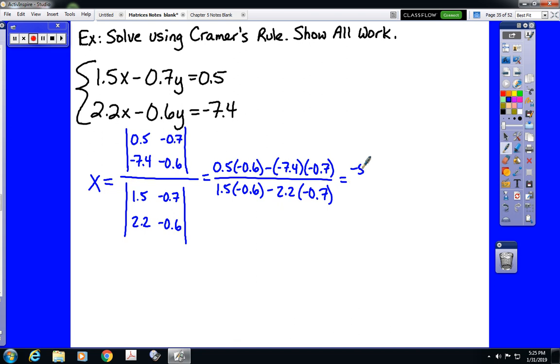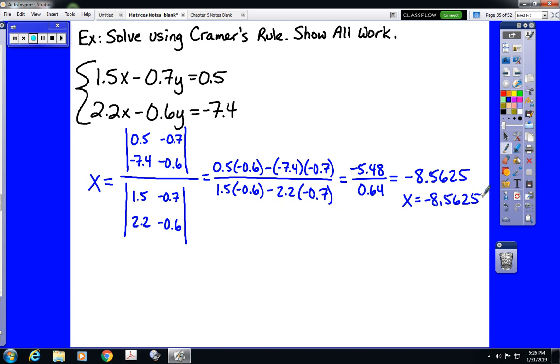That would be negative 5.48 divided by 0.64, and then we would actually carry out that division. That would be negative 8.5625, which would be our x value.